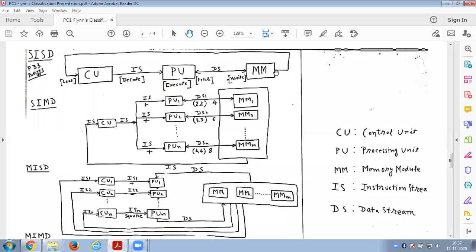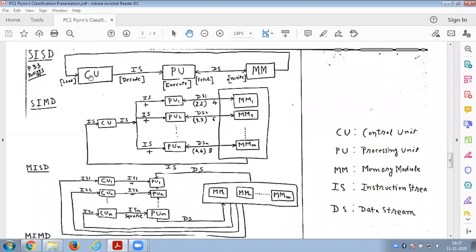Here you can see that a unidirectional arrow is coming into the control unit. The control unit is taking an instruction from memory. This is called the load operation. That means the instruction is loaded into the control unit. Then the control unit decodes the instruction.